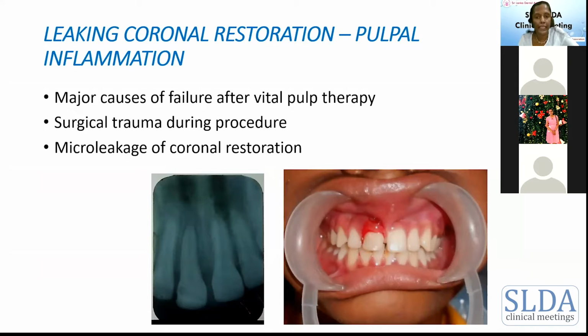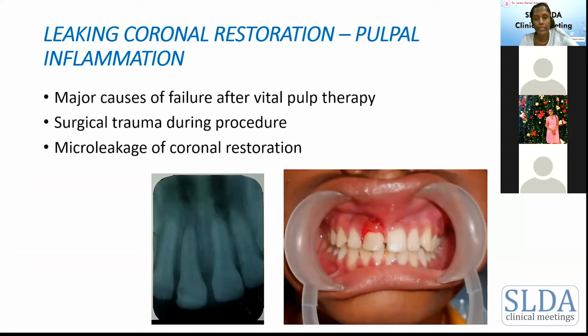This is again another case, where a leak in the coronal restoration has ended up with pulpal inflammation. As I mentioned earlier, the major causes of failure after vital pulp therapy are the surgical trauma during the procedure and microleakage of the coronal restoration.